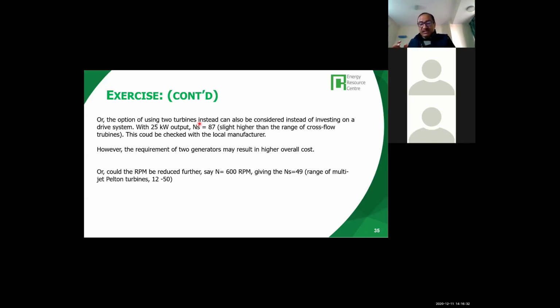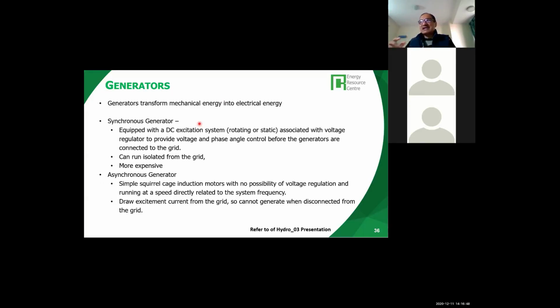And as I mentioned, for mini and micro hydro this is important because cross-flow turbines can be locally manufactured and are also highly used instead of Francis turbines. Okay? So this is just an example I wanted to give. You can look at it.